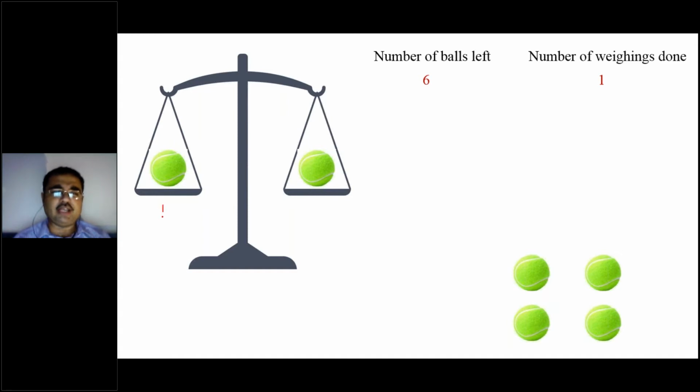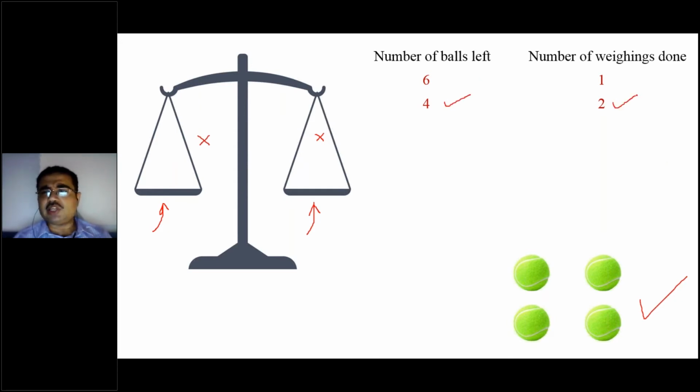So definitely neither is the heavier ball, and I can get rid of both these balls. I'm left with only 4 now. Number of balls left is 4. Number of weighings done is 2. Let's proceed from here then.